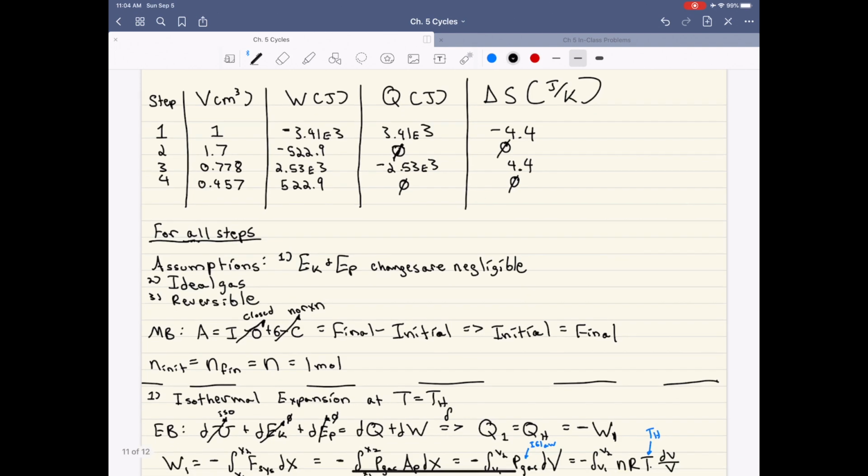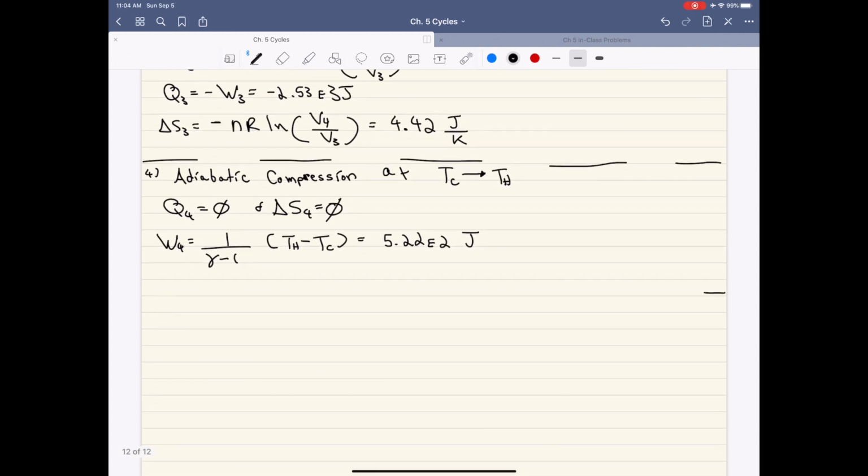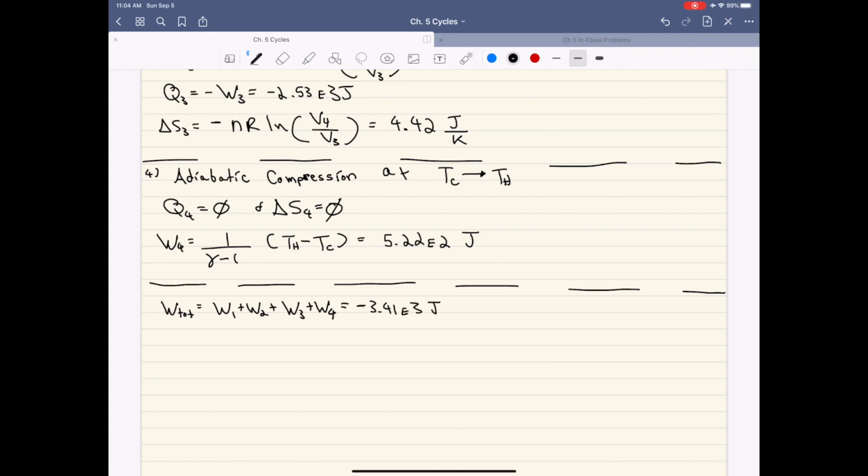Alright, so we have all the works, all the heats, and all the delta S's for each step in our cycle. Now what we need to do is calculate that overall efficiency. For the overall efficiency, we need the total work for the system, so we have to add up all those individual works, and from our table we have them listed. So W1, 3.41 e to the 3 joules, minus 522 joules, plus 2.53 e to the 3 joules, plus 522 joules.